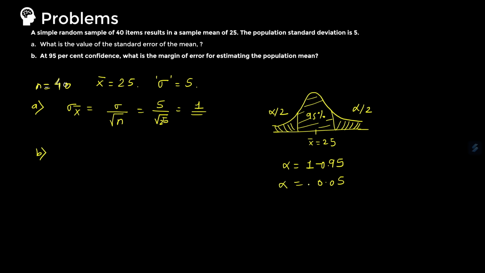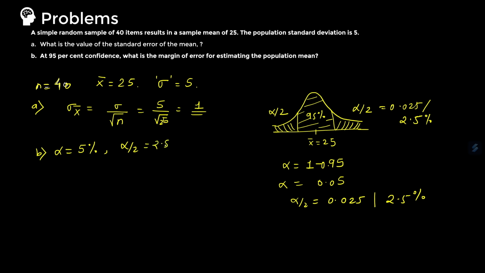This is our alpha, and alpha by 2 will be 0.025, which is 2.5%. So we have calculated alpha, which is 5%. We also calculated alpha by 2, which is 2.5%.